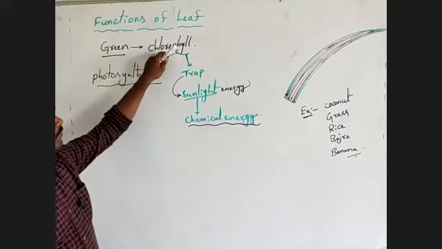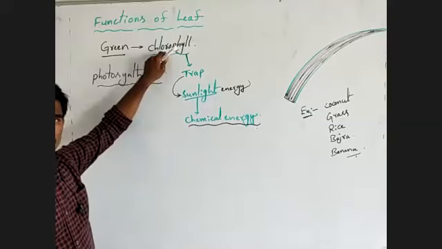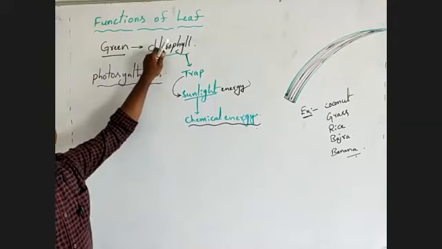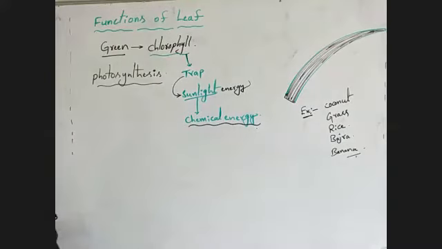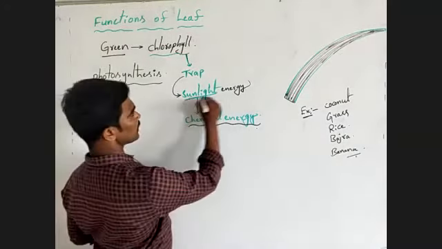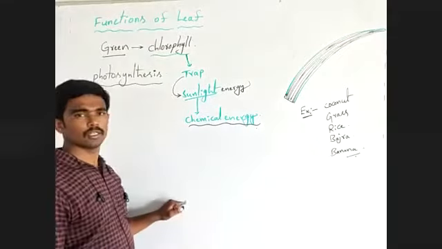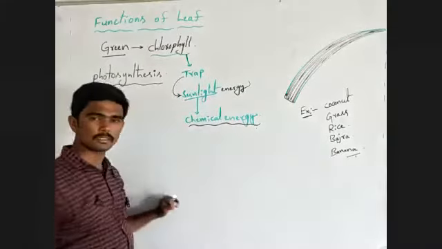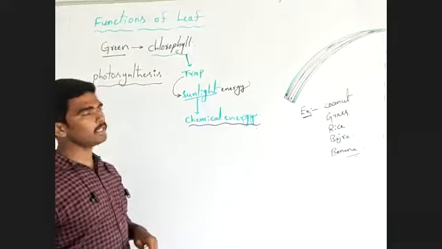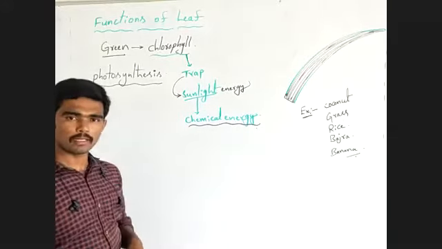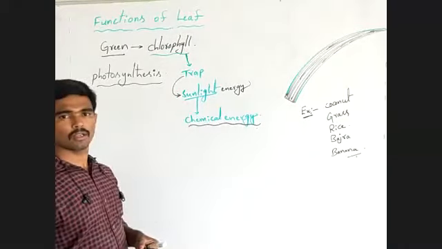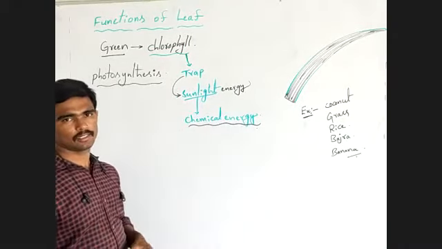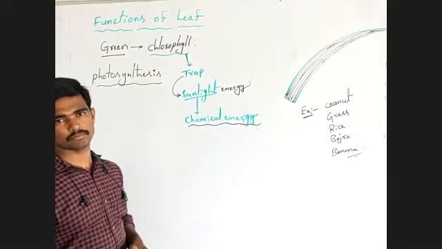If there is no chlorophyll pigment in plant or in leaf, what will happen? Sunlight energy is not trapped by plants, and chemical energy does not form.